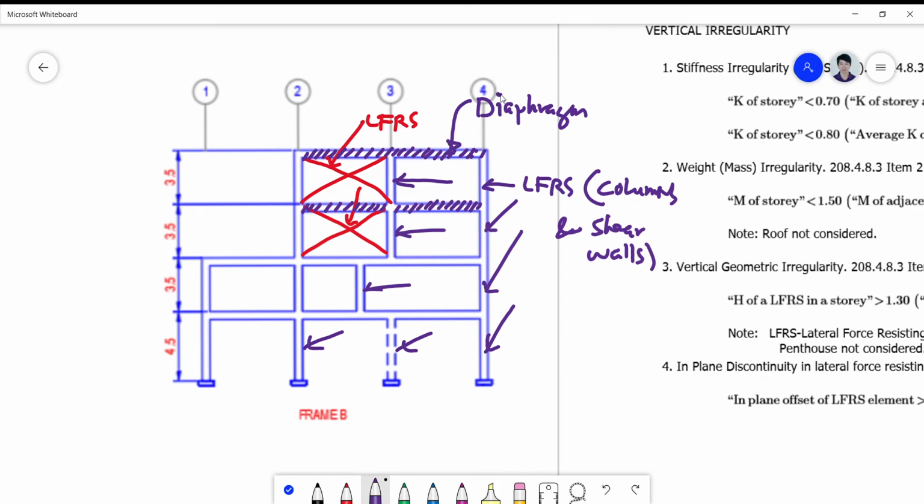Okay, so all the beams, all the horizontal members are part of your diaphragm.